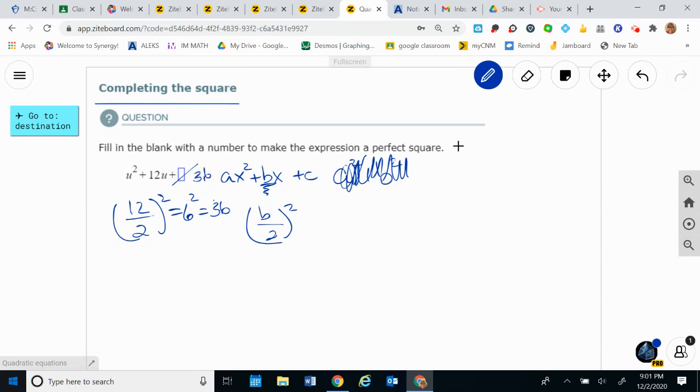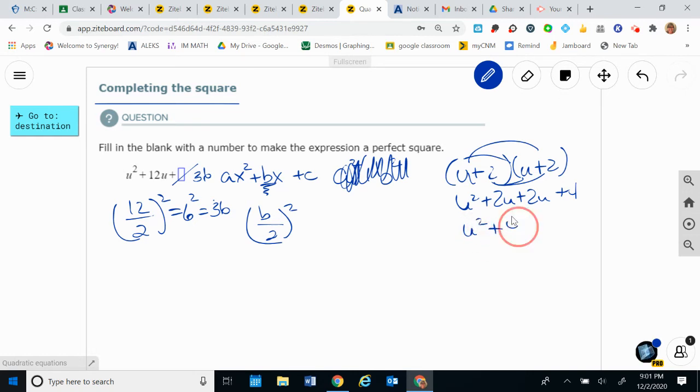This isn't a hard skill to do. Do you remember when you had u plus 2 times u plus 2? You multiply them out: u squared plus 2u plus 2u plus 4, u squared plus 4u plus 4. This is a perfect square trinomial, and this is actually (u plus 2) quantity squared.